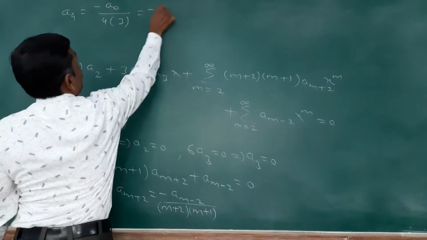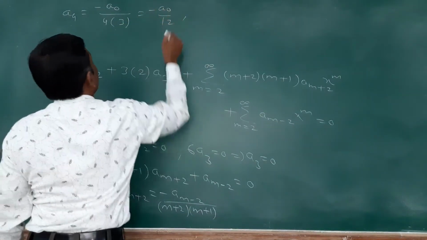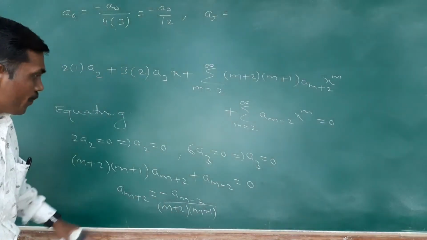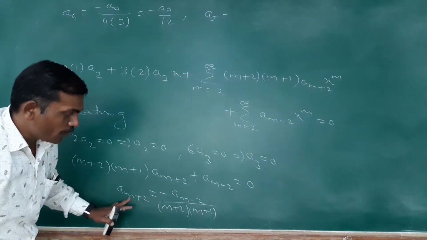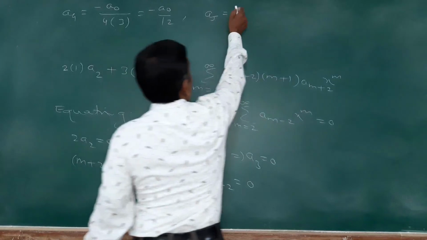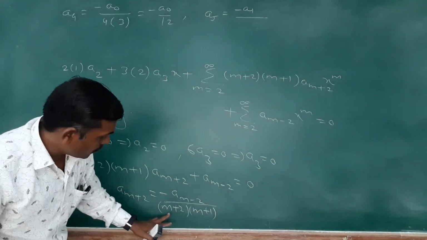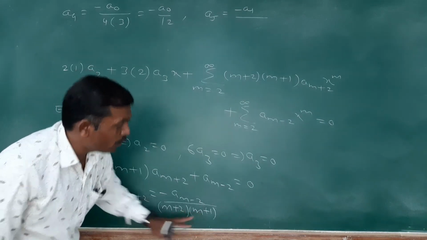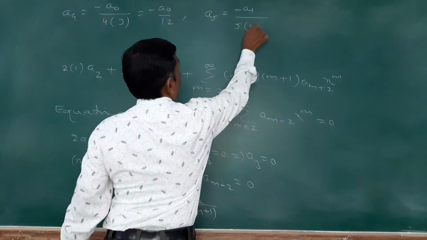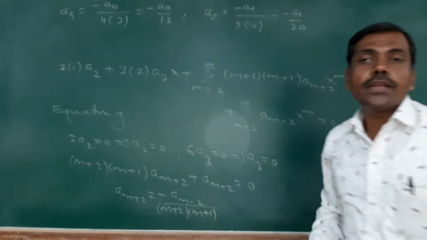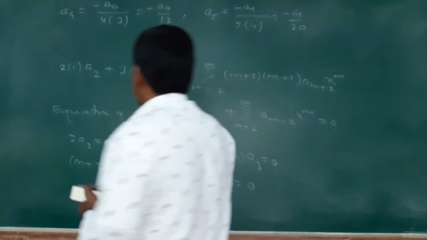So it is minus a0 upon 12. Next, a5: m equal to 3, minus a1 upon (3+2) into 4, 5 into 4. So it is minus a1 upon 20. Same way you can find a6, a7 and continue and complete your answer.